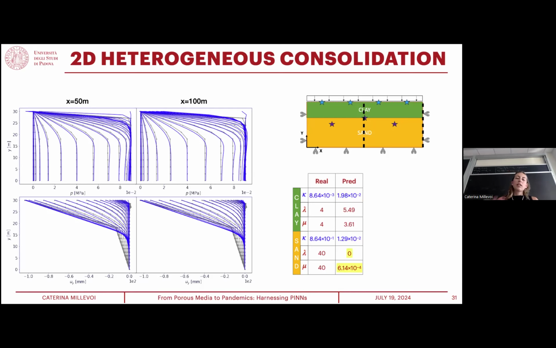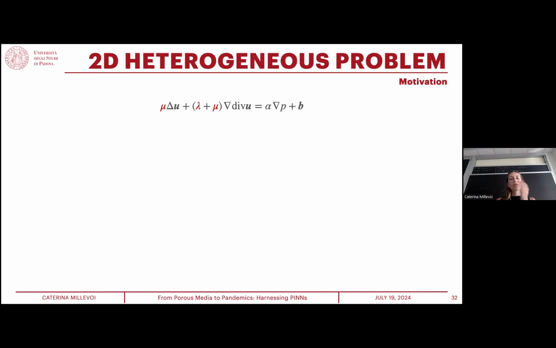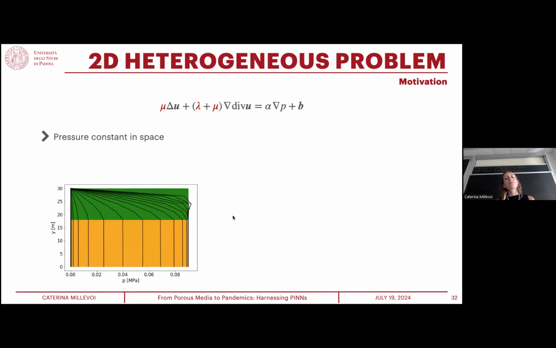Instead, if we look deeper into the fact that the values of the lambda and mu parameters are equal to 0, we should just look deeper into the equations. So in the lower part, that is the sandy part, the orange one, pressure, as you can see, this is the plot of pressure, each line is the value of the pressure in time.